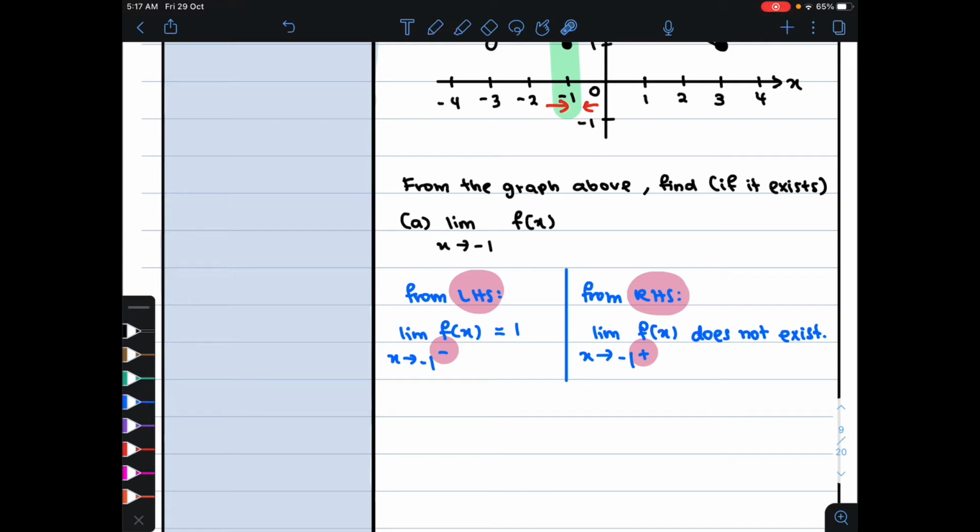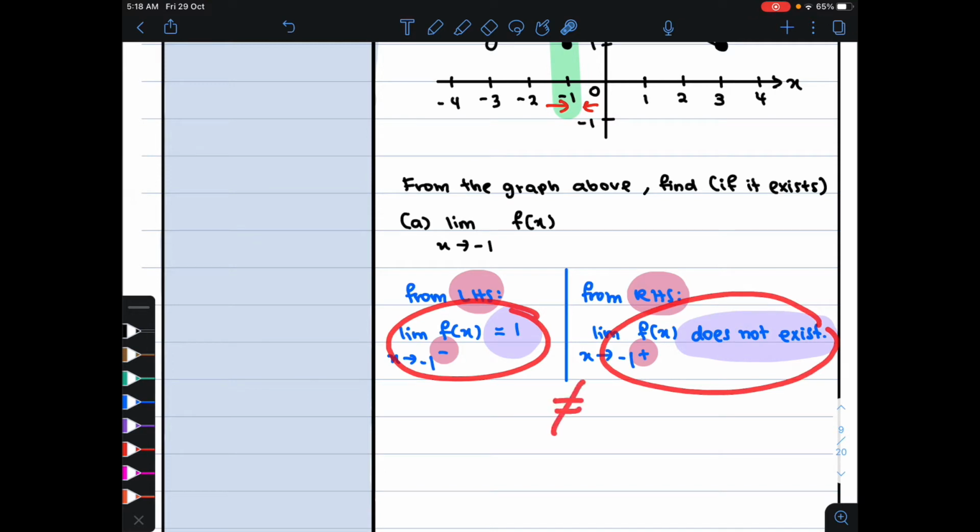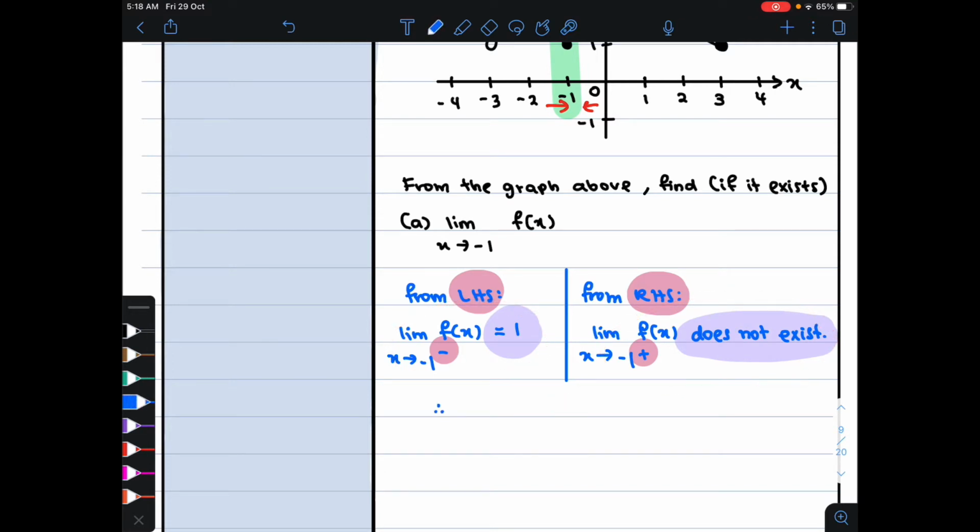So now you need to compare the limit from the left hand side and the right hand side. From the left hand side, the limit is 1. But from the right hand side, there is no limit. And hence, both limits are not the same. So make the conclusion. The limit of f(x) as x approaching -1 from the left hand side is not the same as the limit of f(x) as x approaching -1 from the right hand side.